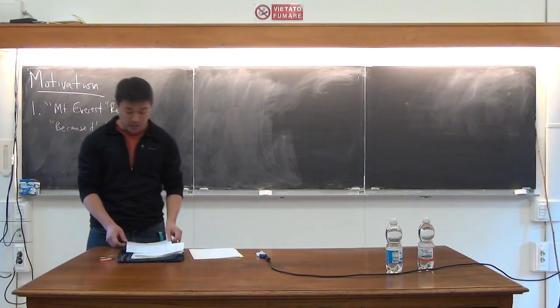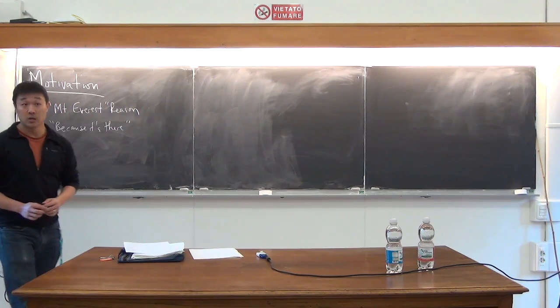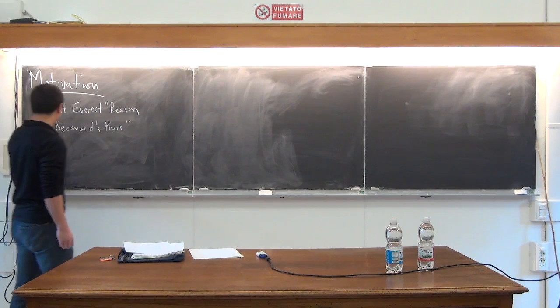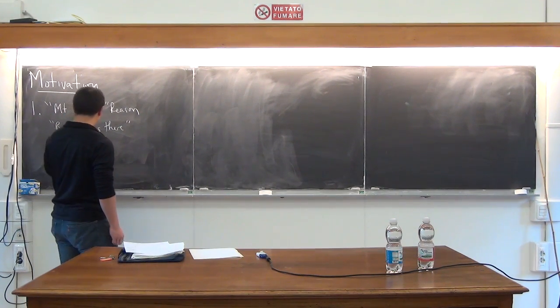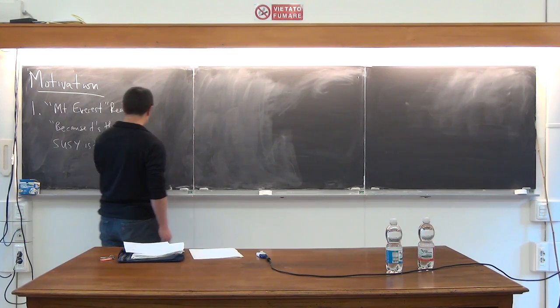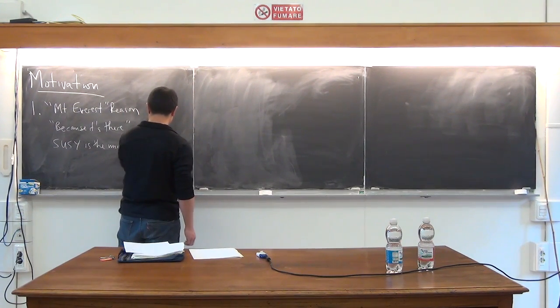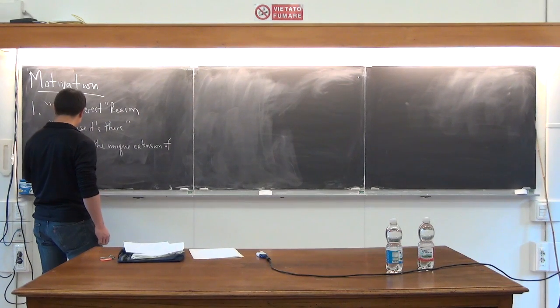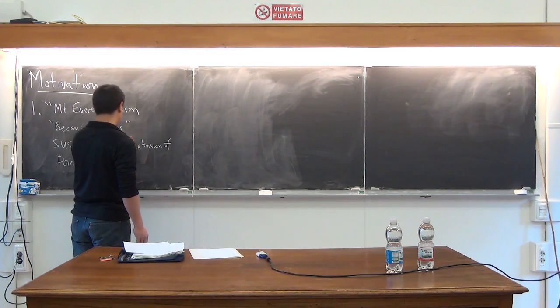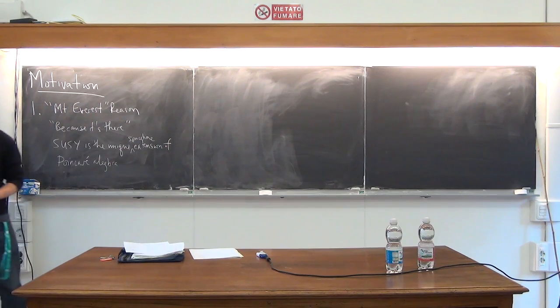All right, and so what do I mean by that? Well, supersymmetry has one very nice thing going for it, which is that it has a uniqueness property, right? So Susy is the unique space-time extension of the Poincare algebra.